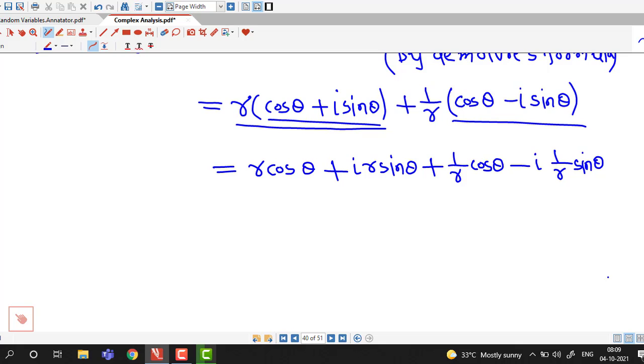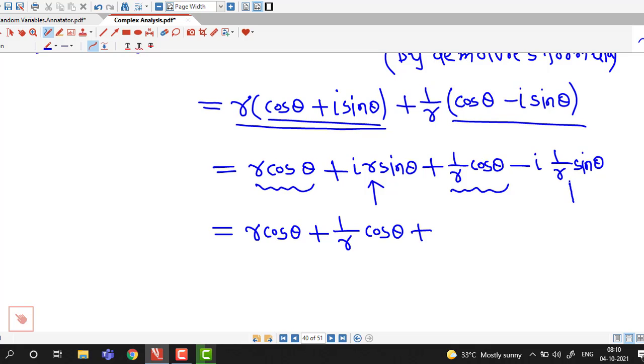Now we concentrate on those terms which are not multiplied by i. So these two terms are independent of i. So we combine those two terms, r cos theta plus 1 by r into cos theta, and we take these two terms simultaneously, which are multiplied with i. So i r sin theta minus i divided by r sin theta.